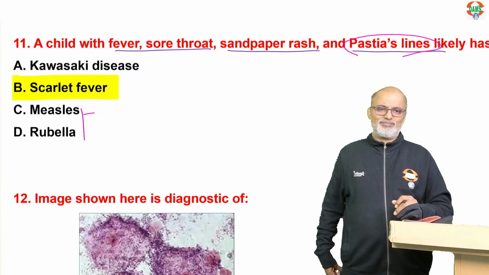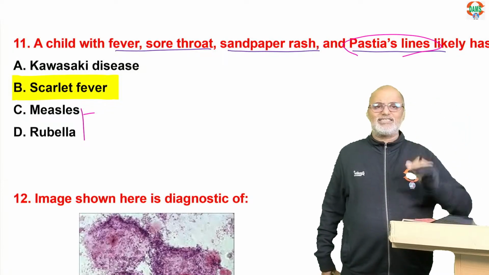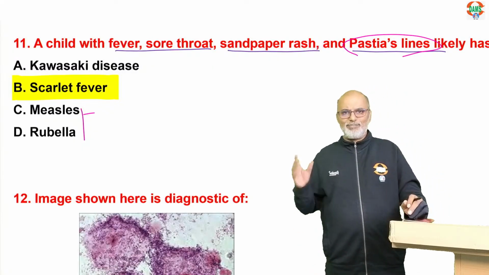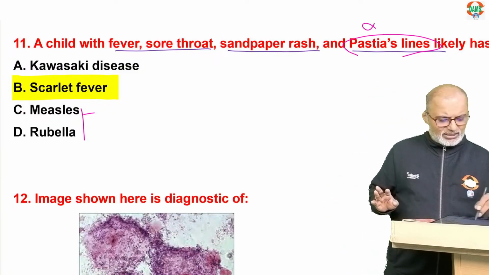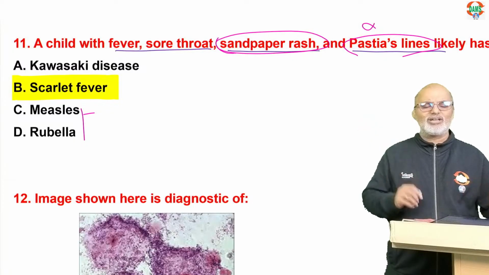Pastia line is a clinical entity. Don't worry, even if you don't know Pastia lines, sandpaper rash, sore throat, go for Streptococcus group A, scarlet fever.